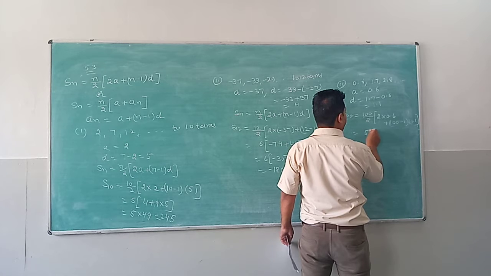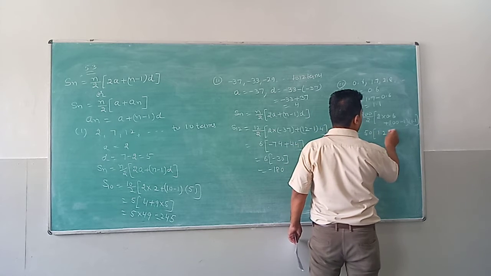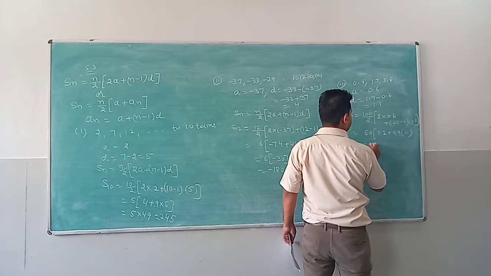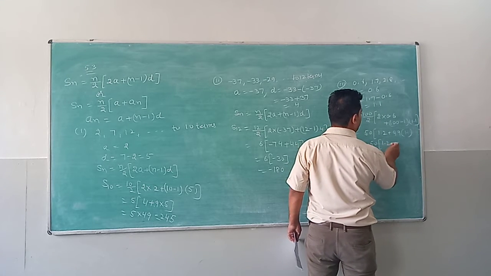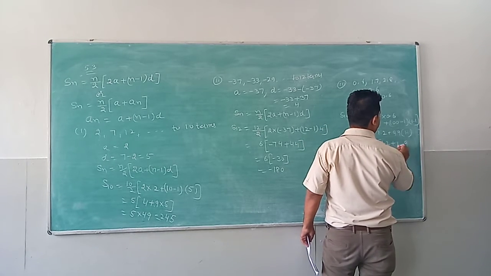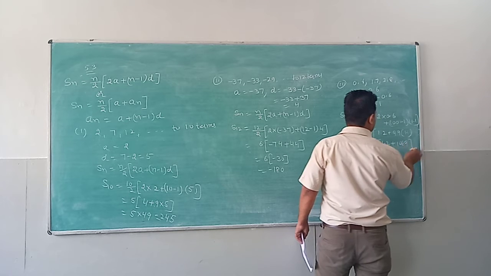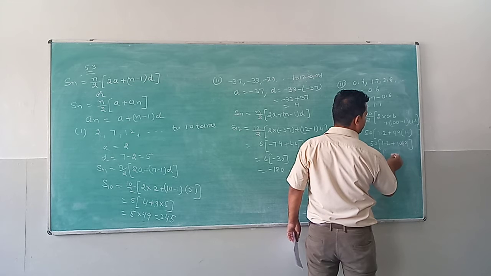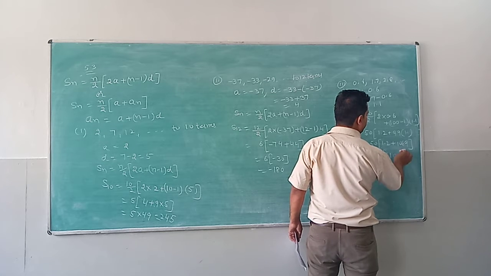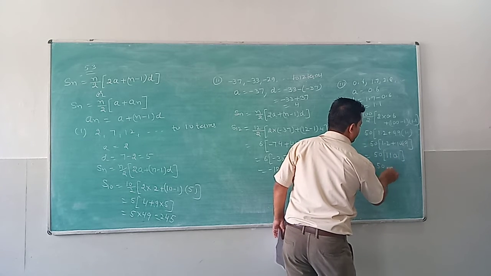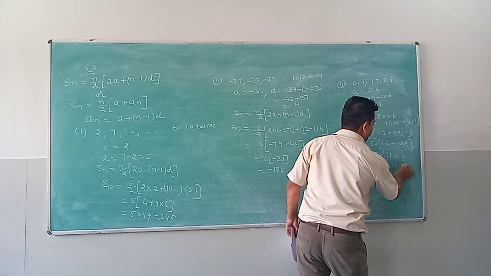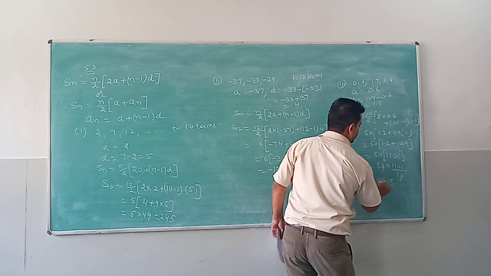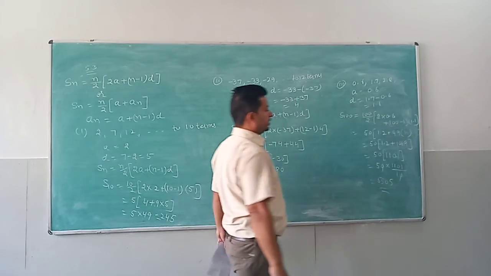So this is 50, this is 1.2 plus 99 into 1.1. This is 50, this is 1.2, this is 99 into 1.1, 108.9. So it becomes 50 into 110.1. When we remove this point, this cancels out. So this is 5505. This is the sum of this AP.